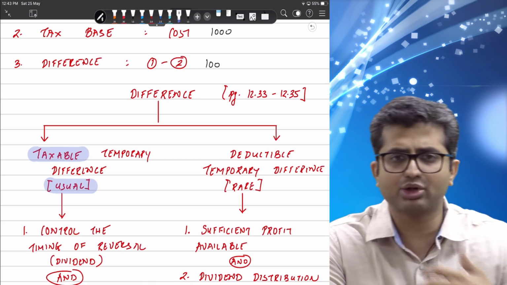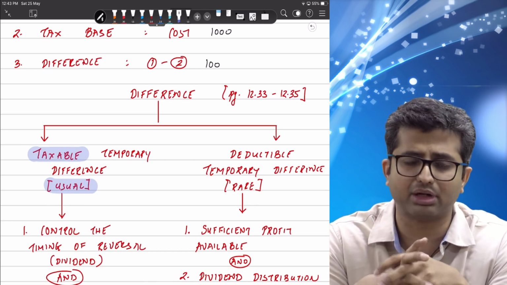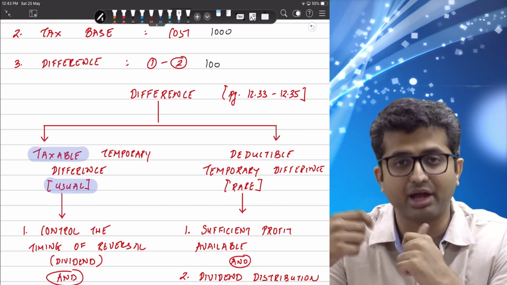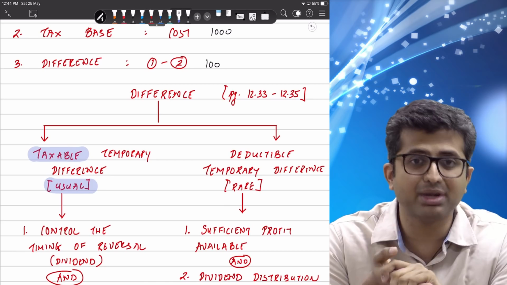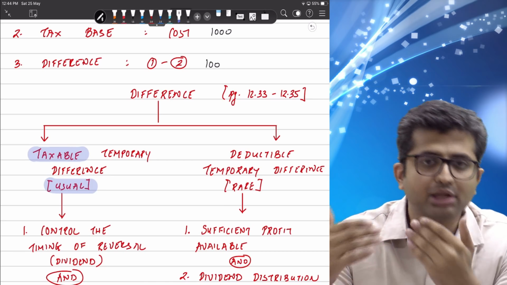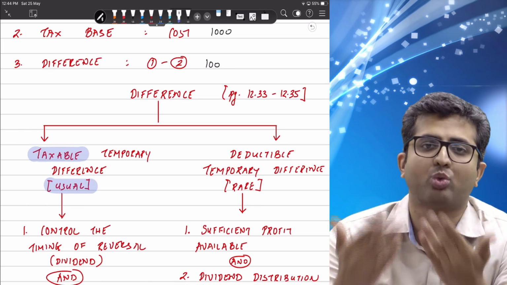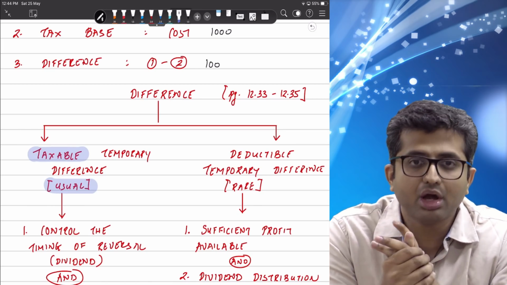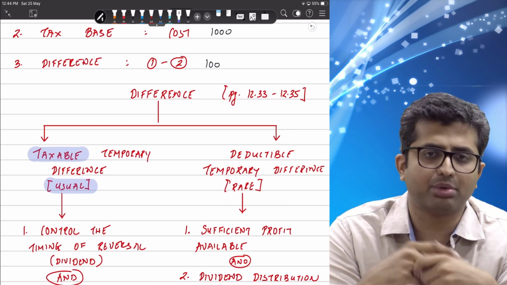Now, in case of these transactions, how will the reversal happen? Remember, the reversal will happen when dividend is paid. But the problem over here is that dividend being paid or not might be in the control of the parent entity. If the parent entity is very clear that it does not want to pay dividend in the near future, then books of accounts will keep on recognizing undistributed profits.